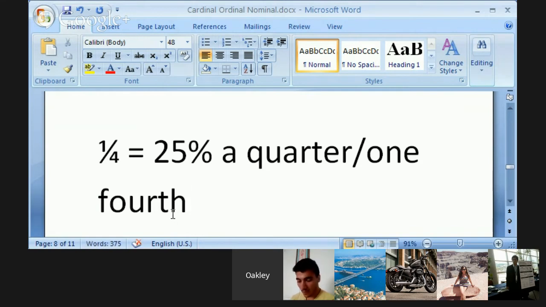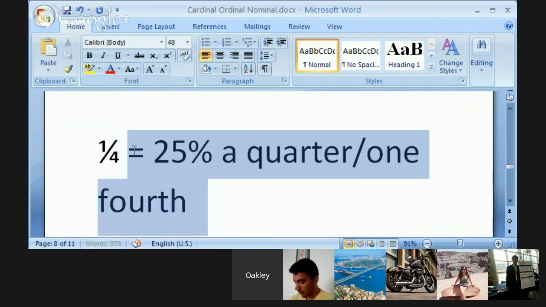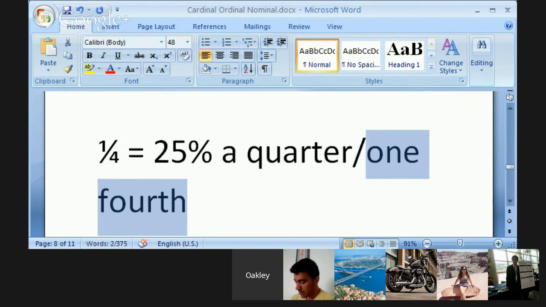Now, trick question, open question for everyone: is 1/4 a nominal, a cardinal, or an ordinal number? Anyone? Cardinal. All together now. And a 1, and a 2, and a 3. Sing it. Okay, you're all correct. You all said the same thing at the same time. Yes, it's a cardinal number.